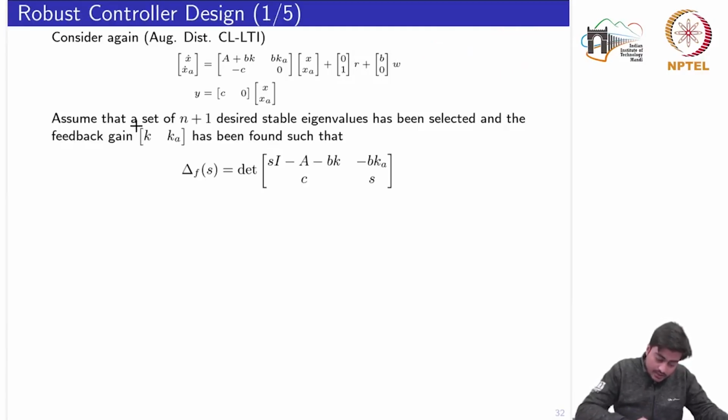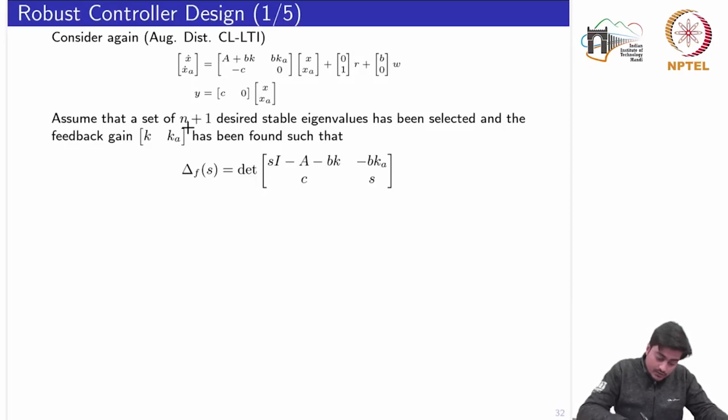So assume that a set of n plus 1 desired stable eigenvalues has been selected, and the feedback gain K has been found such that we are able to write the characteristic polynomial of the closed loop system. A is n-dimensional, C is a row vector, so the overall dimension of this closed loop system would be n plus 1 cross n plus 1.